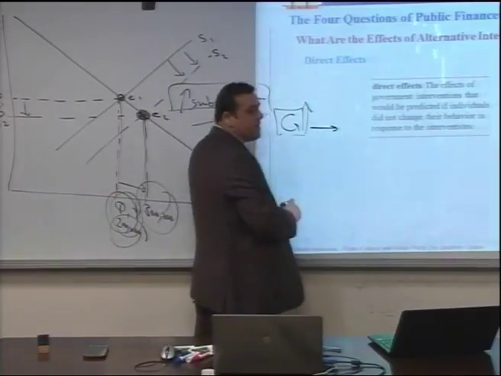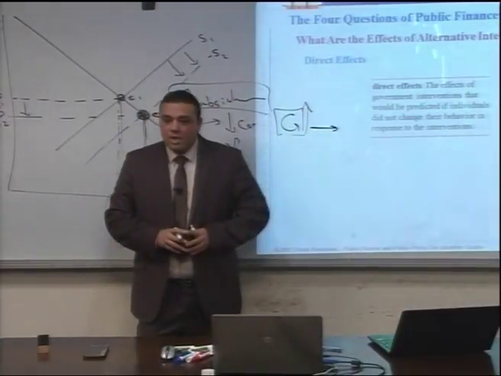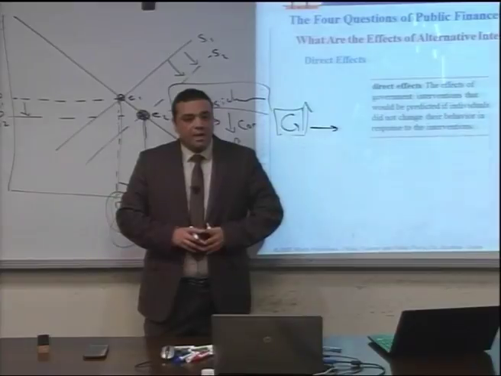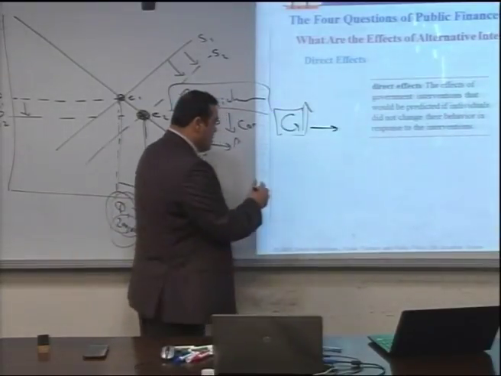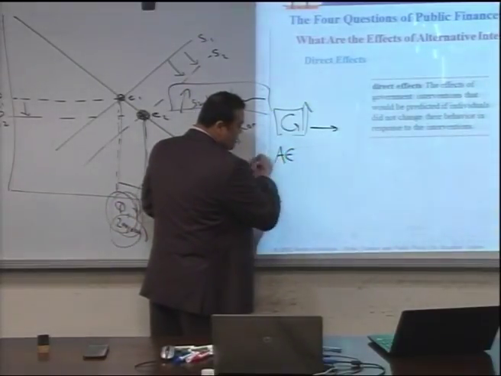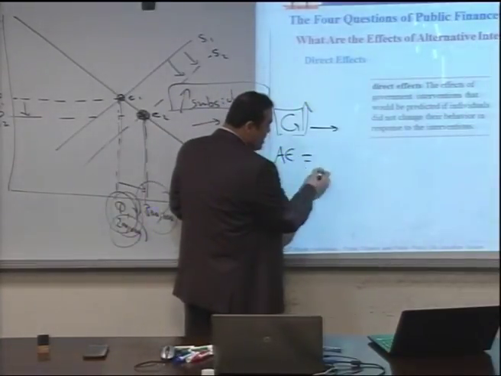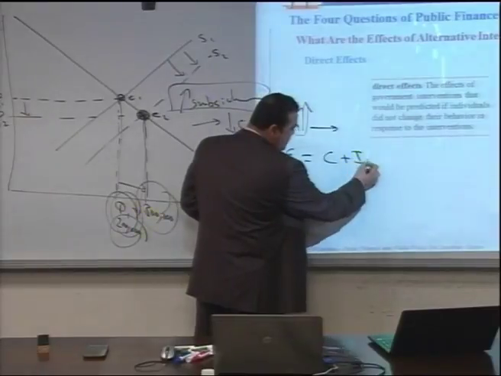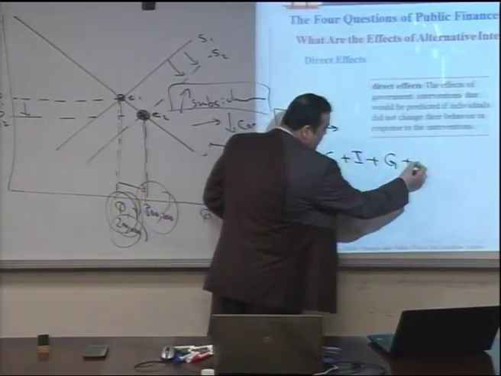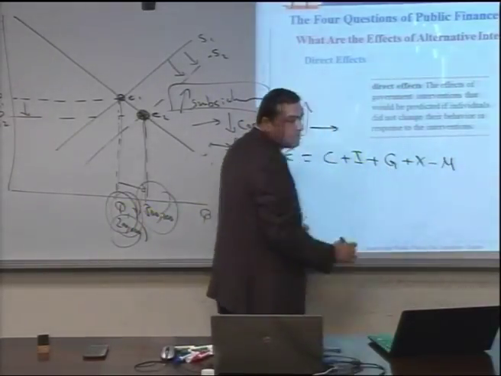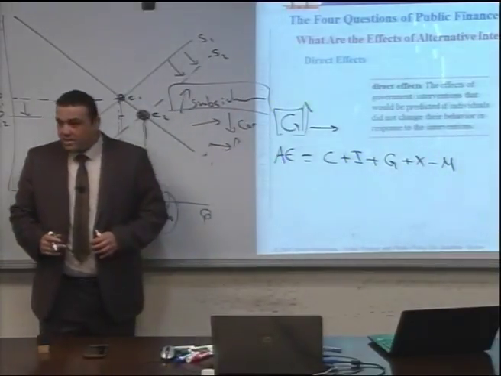What will happen to the economy? If you remember, in macroeconomics, aggregate expenditures or aggregate demand equals consumption plus investment plus G plus exports minus imports. You understand the idea?